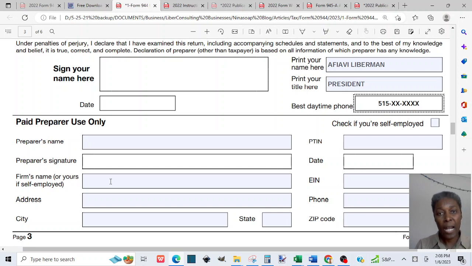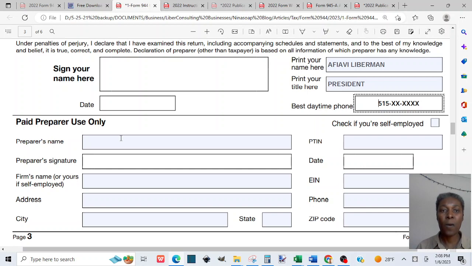If an employee of your business files the Form 944 for you, that person does not complete the Paid Preparer Use Only section. For instance, I'm an employee of Liberman Consulting LLC, but I'm paid to work in the business.